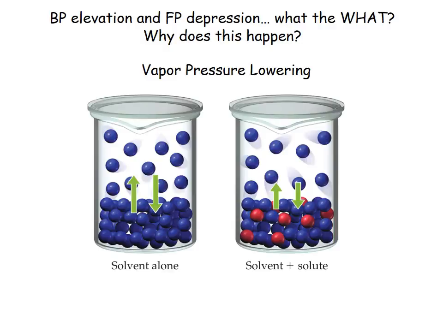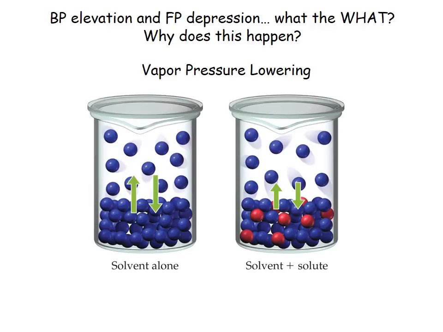So here is a beaker, and we've tried to close it off there with a watch glass. Obviously that doesn't work super well, but let's pretend it closes it off. We're going to have just solvent alone on the left, and we have solvent and solute on the right, and this is a non-volatile solute, so it's going to stay in the liquid phase at the bottom. The solute is the red particles, and as the solvent evaporates, it evaporates from the surface.